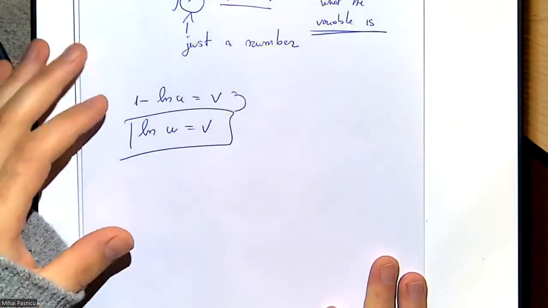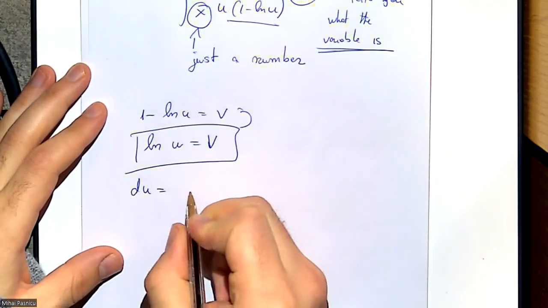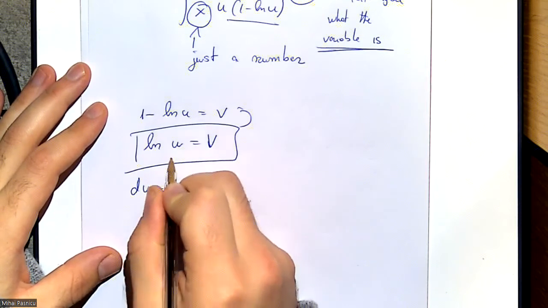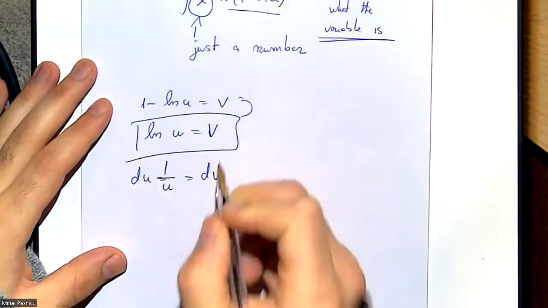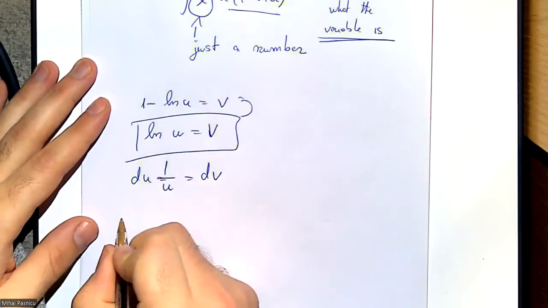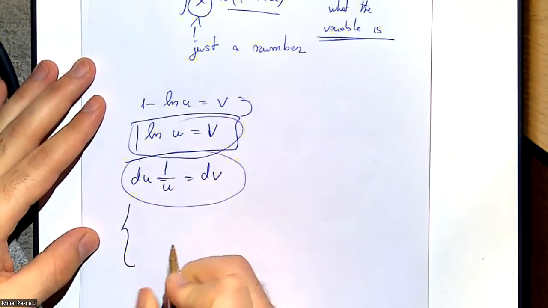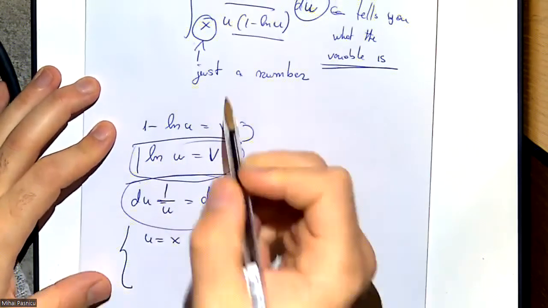Okay. So I take this one and I get du is equal to, du 1 over u is equal to dv. And then again, my substitution, the du thing, and now the two heads of integration.